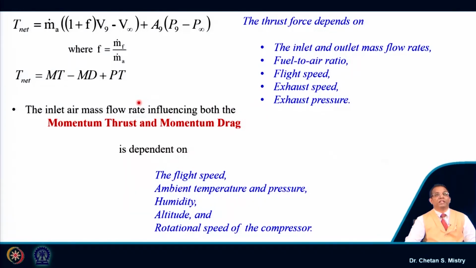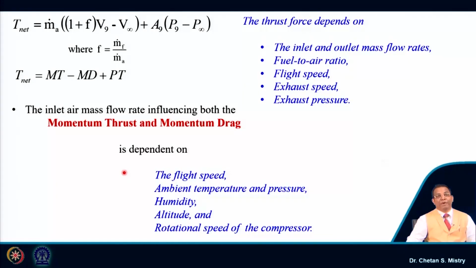Now, here in this case, let us consider my inlet mass flow rate condition. What we know is that this inlet mass flow rate affects both my momentum thrust as well as my momentum drag. If we look carefully, my inlet mass flow rate basically depends on my flight speed, my ambient pressure and temperature, my humidity, altitude and the rotational speed of my compressor.